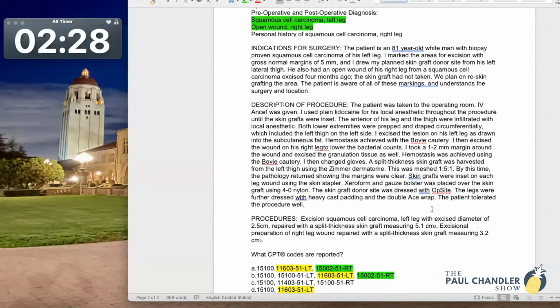So ergo, that's what has to be on the procedure. And excision, left leg with excision diameter 2.5 centimeters. Okay, so that's good. And then 15002, surgical preparation, recipient site open wounds, trunk, arms, or legs, and excision repair with split thickness graft. So that is good. So that would make Alpha the right answer there.